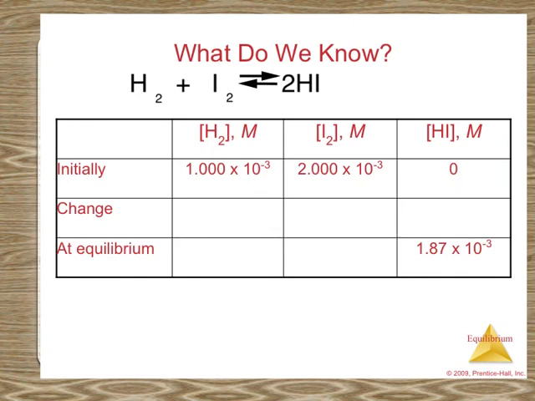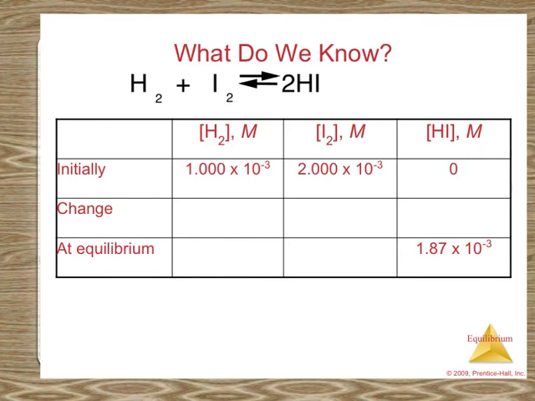So if we unpack the information that's given to us in the problem, we have a balanced equation, and we set up this ICE chart. Our initial concentrations, what happens as they change, and where we are at equilibrium. So we're given starting concentrations for both the hydrogen and the iodide. Initially, we're considered to have no product, because we're saying initially before the actual reaction has started to proceed.